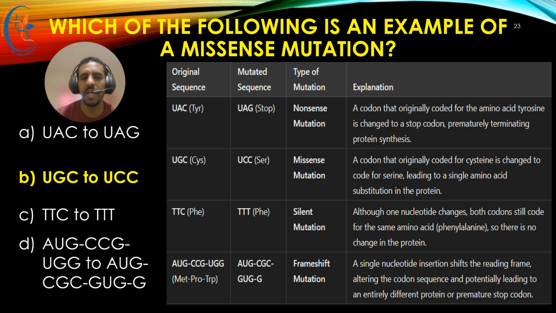And the frame shift mutation is the big trouble here. Add or delete a nucleotide and the whole reading frame gets thrown off. Just remember these sentences and you will not forget or mix up the types of mutation. Let's move to the next question.